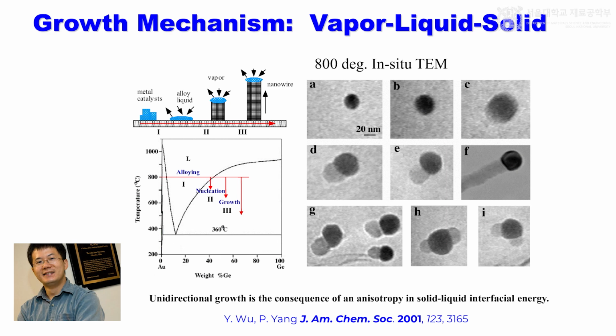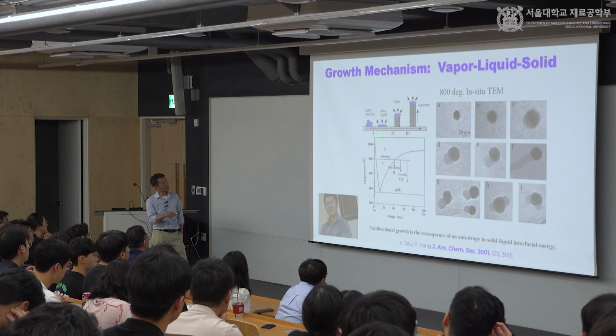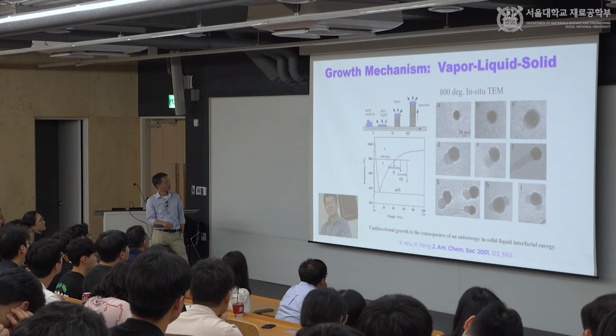That was the first idea failed, and then the second idea started to be formulated: germanium nanowire with gold as the catalyst. Of course, there is the phase diagram of this binary eutectic system. You have a gold nanoparticle at 800 degrees, pure gold, which is of course solid.